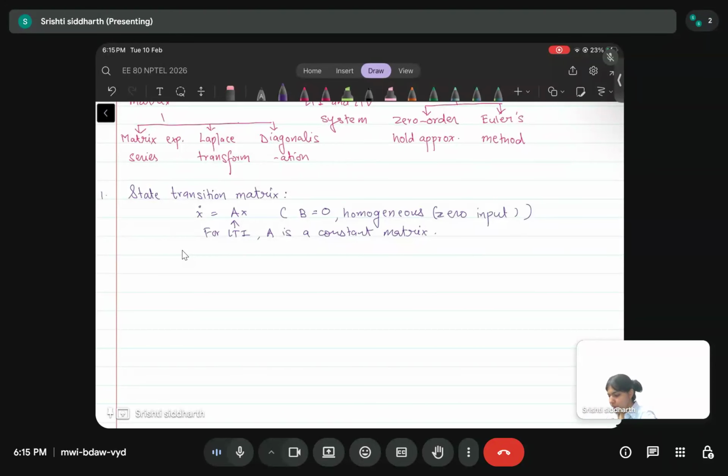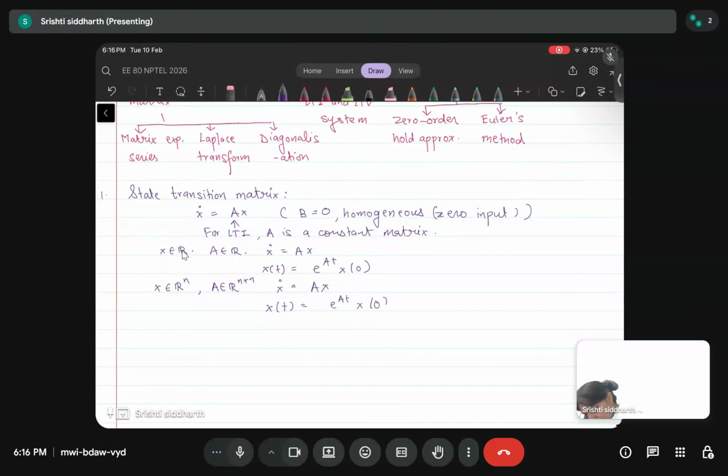Let's say if there was only one state, then A would be a real number, and the solution to x dot equals ax would be simply x(t) equals e to the power at times x0. Now, if there are some n states, then A would be a square matrix of size n by n, and the solution of x dot equals Ax would be e to the power At x0. In this case, this is the matrix exponential.